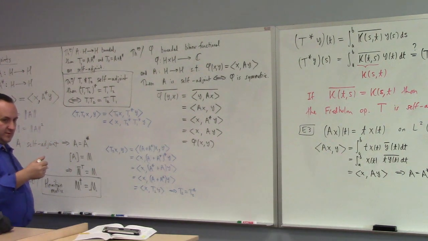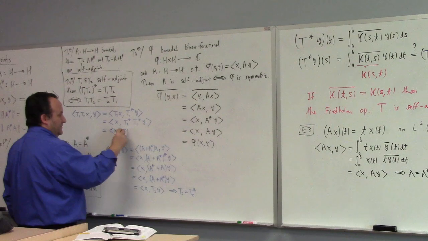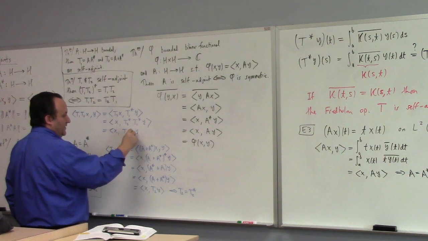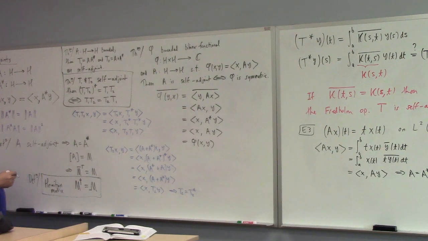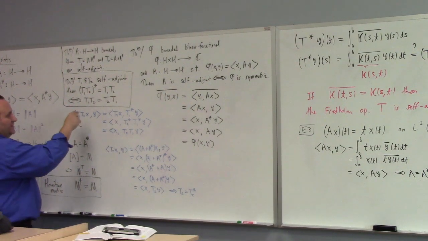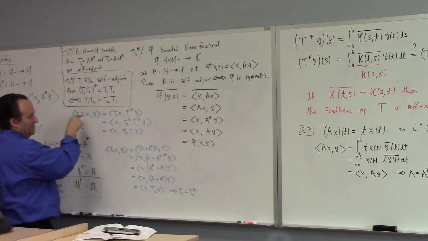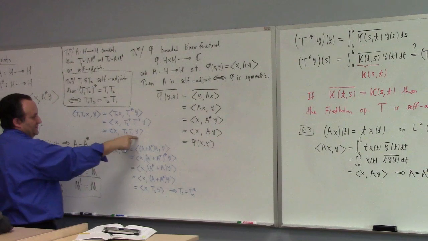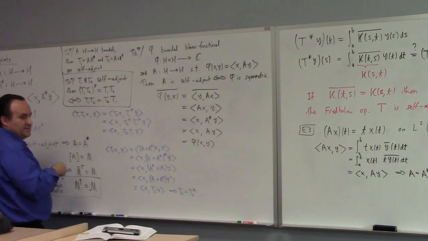However, we're assuming that T1 and T2 are self-adjoint, right? So this is literally T2 T1 y. And the theorem follows, because if this is true, then this is equal to that, which shows you that this is equal to its adjoint, and vice versa.